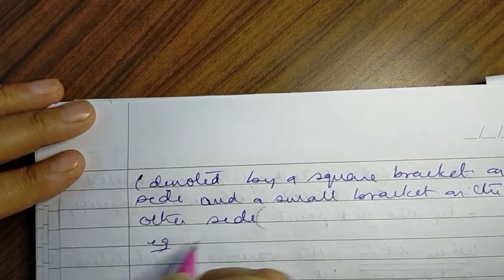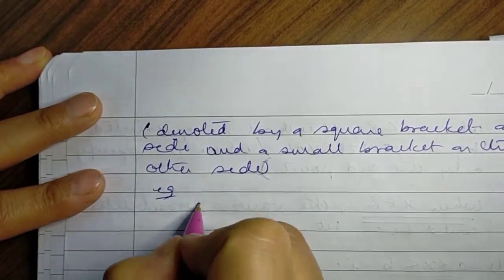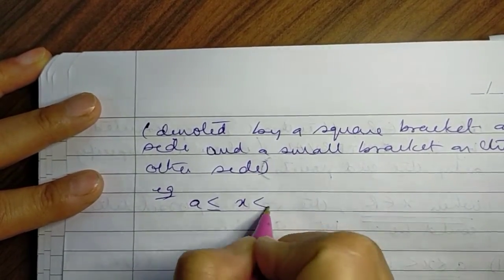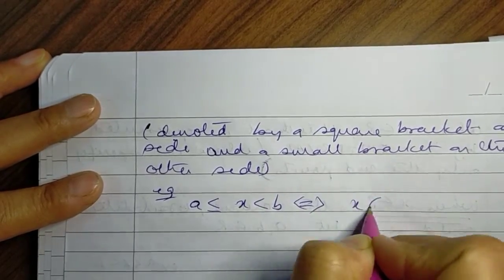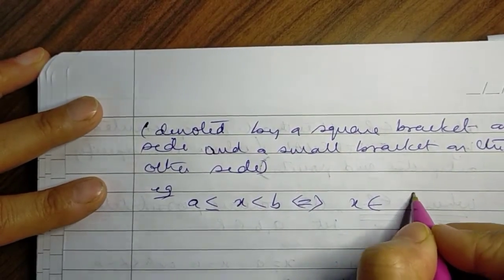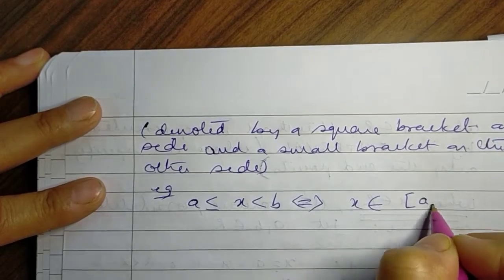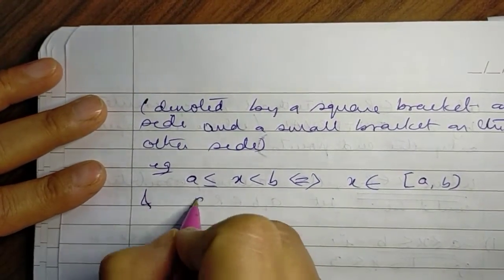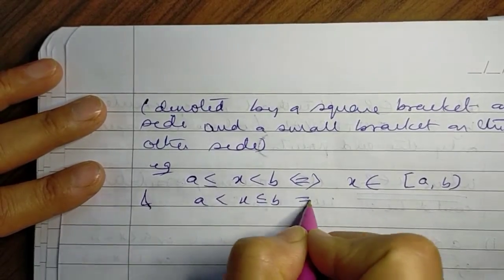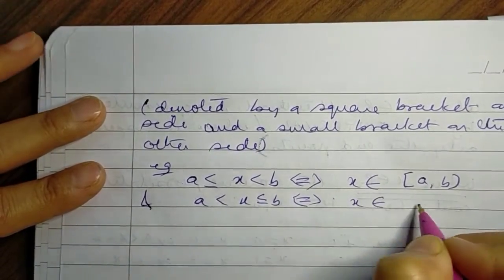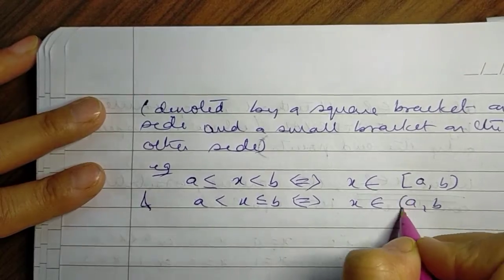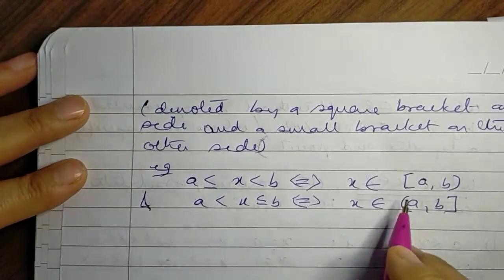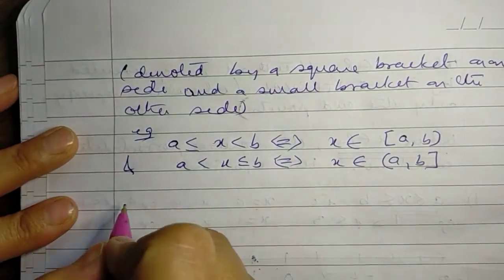For example, if you have a less than or equal to x less than b, it will be denoted by x belongs to a square bracket a comma b followed by a small bracket, and a less than x less than or equal to b will be denoted by x belongs to a comma b. Here we will have a small bracket and here we will be having a square bracket.